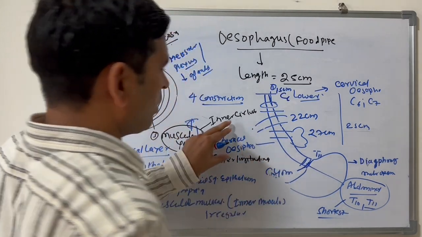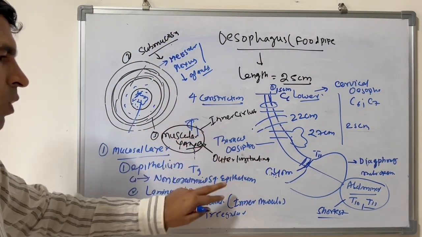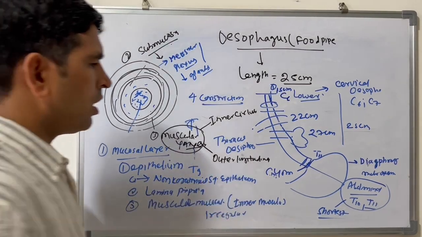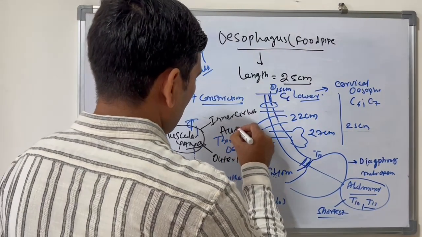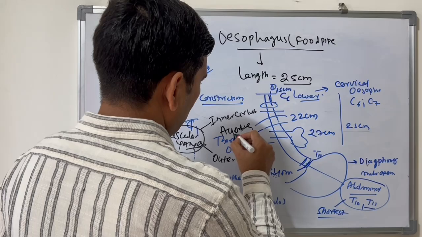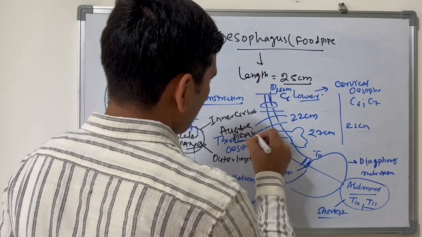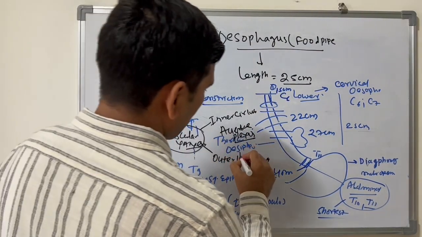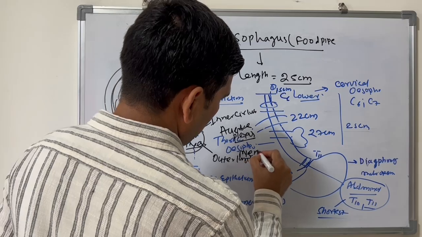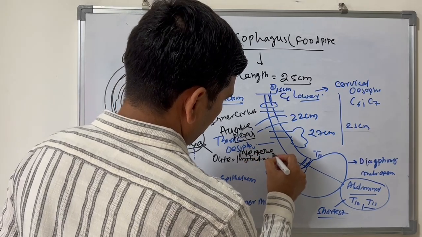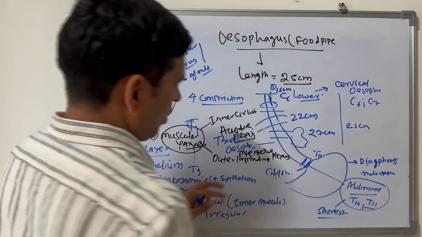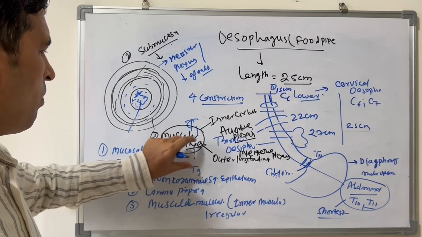In between the inner circular and outer longitudinal muscle layers is the Auerbach plexus, or myenteric plexus.